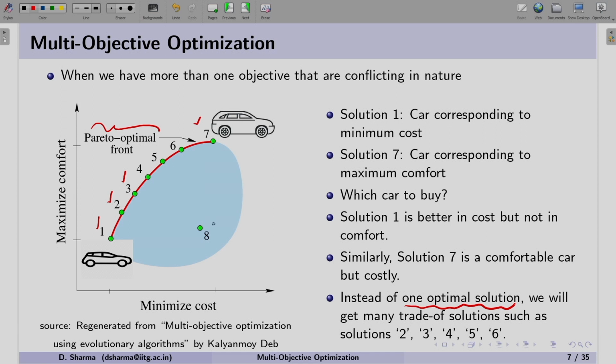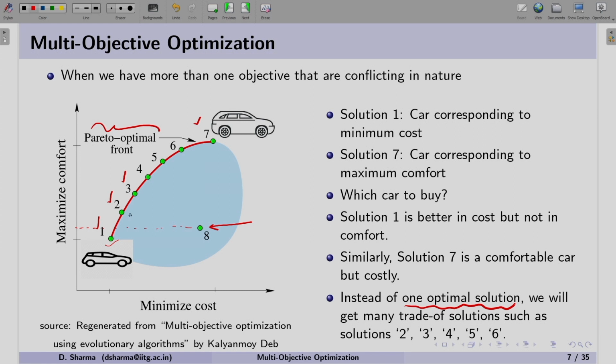If we look at solution number 8, and compare it with solution number 1, you can see that solution 1 is better in cost, but it is not as good as solution 8 in comfort.